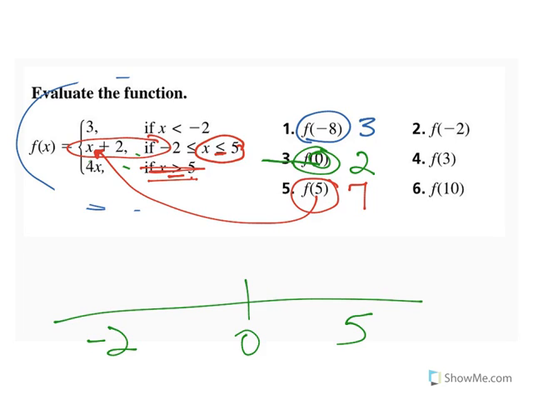Get some more colors going on here. Okay, so then we need to look at f of negative 2, which means x is negative 2. And again, same thing as the 5. This one here, negative 2, is less than or equal to x, so it's going to need to go in that x, okay? Because this one doesn't have an or equal to. It will never fit into more than one. It's only ever going to fit into one of your equations. So negative 2 plus 2 gives us 0.